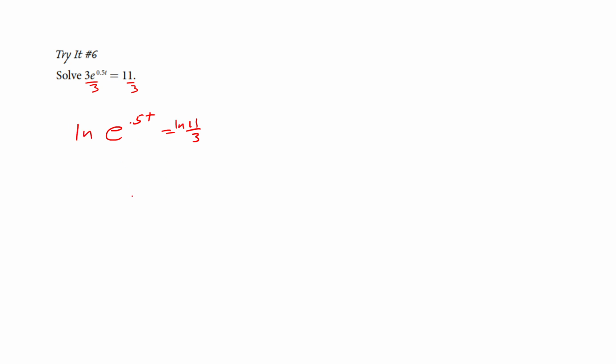If you do it to one side, you've got to do it to the other. These are opposites, so all I'm going to have left is 0.5t. Over here, I'm going to have the natural log of 11 over 3. So that's all of one number. Now to get t alone, I'm going to divide both sides by 0.5. And so t is going to be the natural log of 11 thirds divided by 0.5.